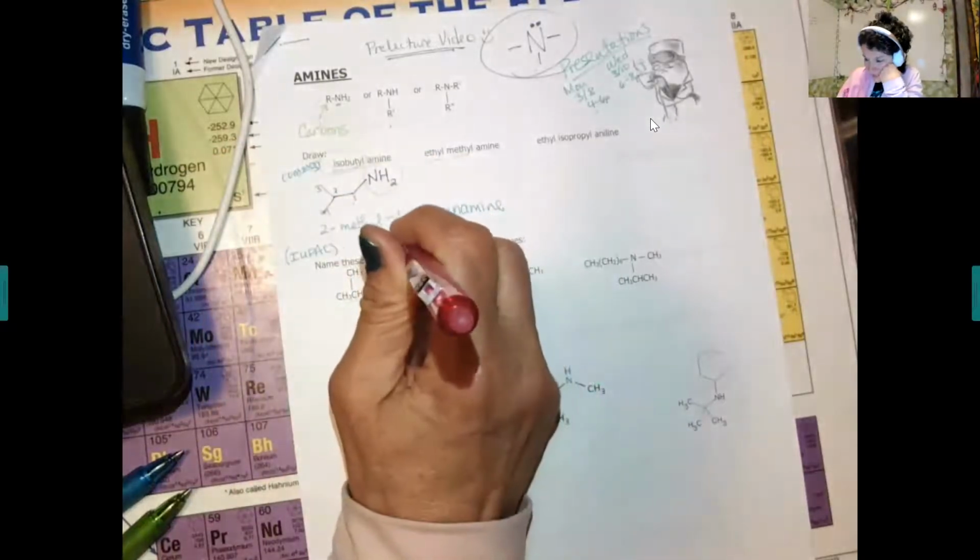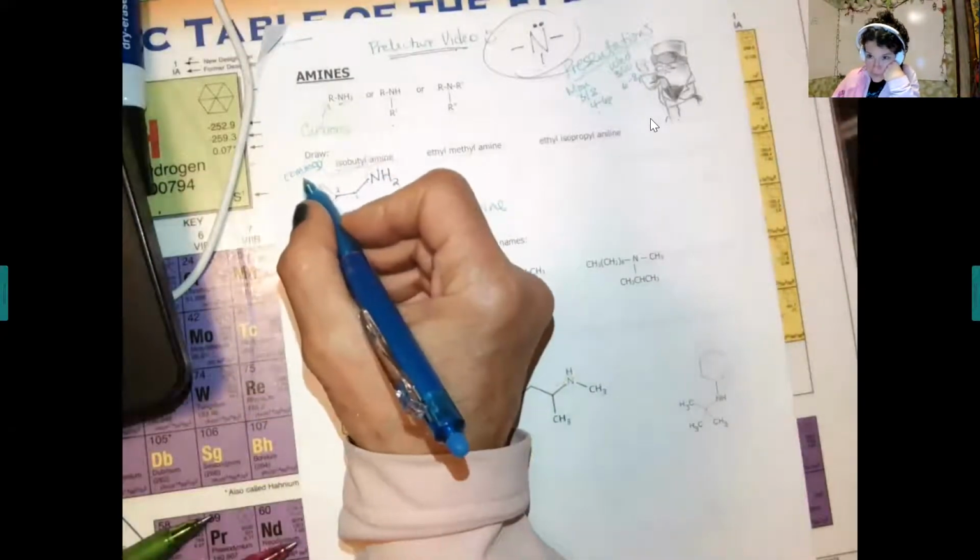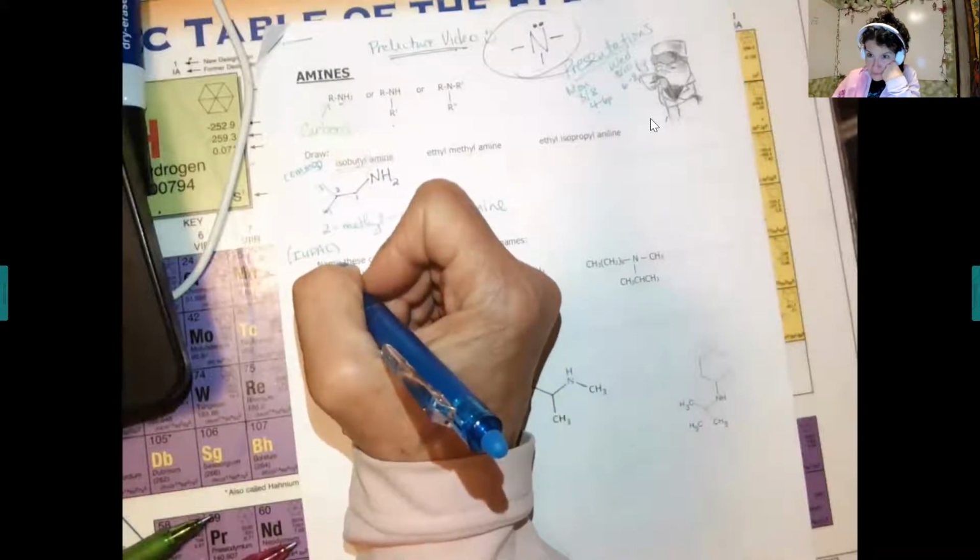The IUPAC way says, let's find our longest carbon chain. In the isobutyl, the longest carbon chain is always 3 carbons, and then the 4th carbon is sticking off of it. And so that's why it's a propane with the methyl at number 2. And then they say, oh, by the way, the amine was at number 1.